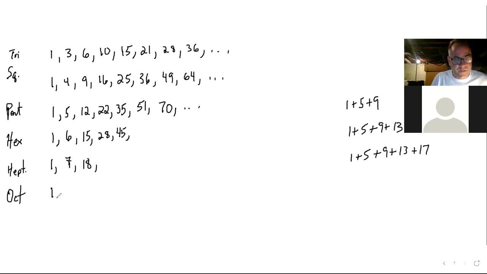Octagonal, this would have to be 8. 1 plus 7, gaps of 6 between the two numbers I'm adding up. 1 plus 7, and then the next number, going by gaps of 6, would have to be 13. And 13 plus 8 is 21. And again, that gap of 3 going down the column.